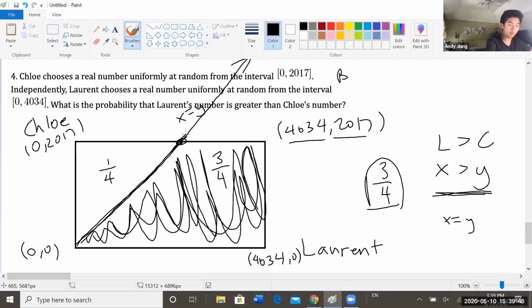But putting it on the coordinate plane lets me write down this equation, and then it makes more sense why I'm drawing a line over here. So I treat Lauren as X and then Chloe as Y. And the problem says that I want Lauren to be bigger than Chloe, which means that X is bigger than Y, which corresponds to that region, which is 3/4.